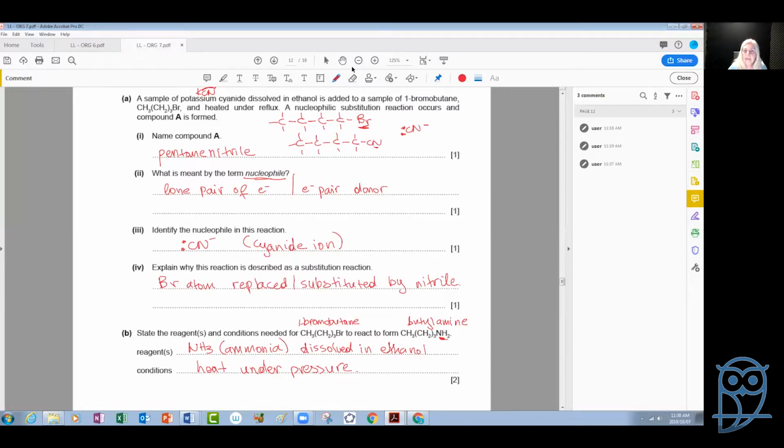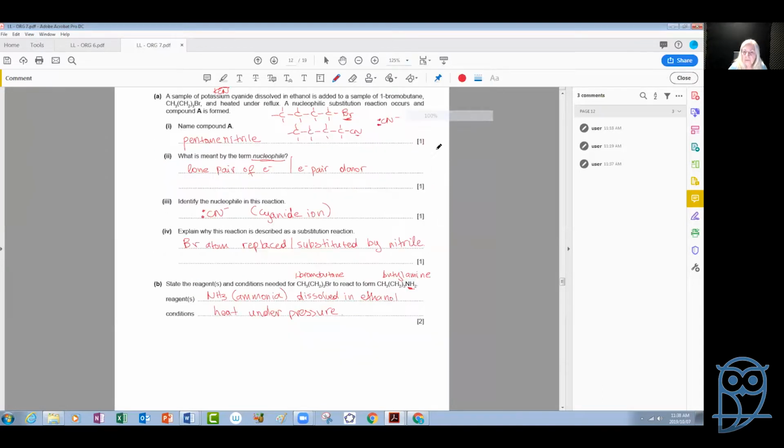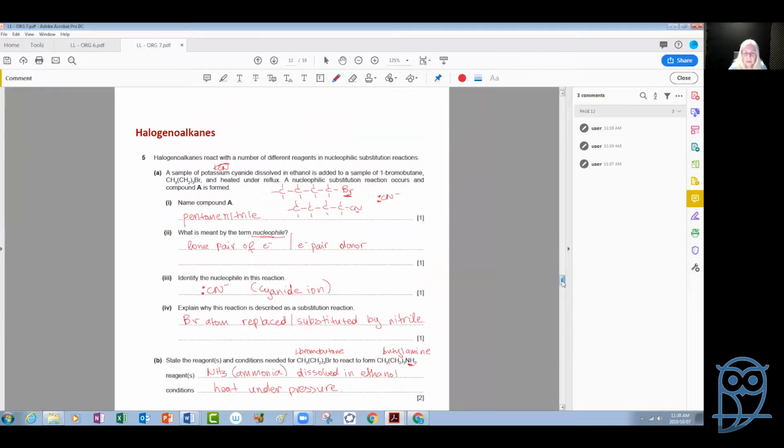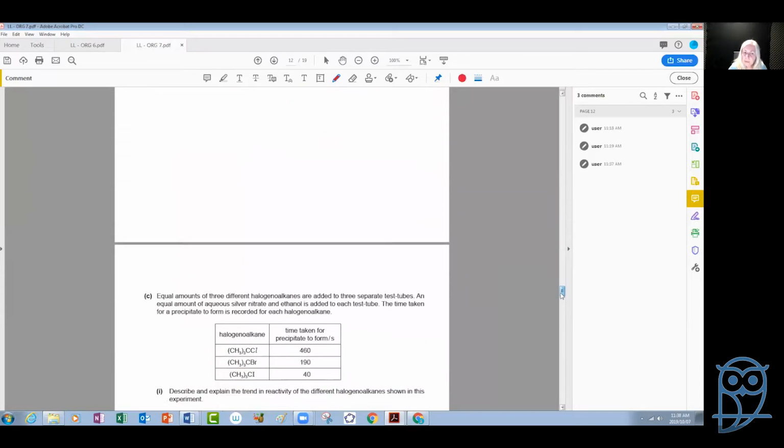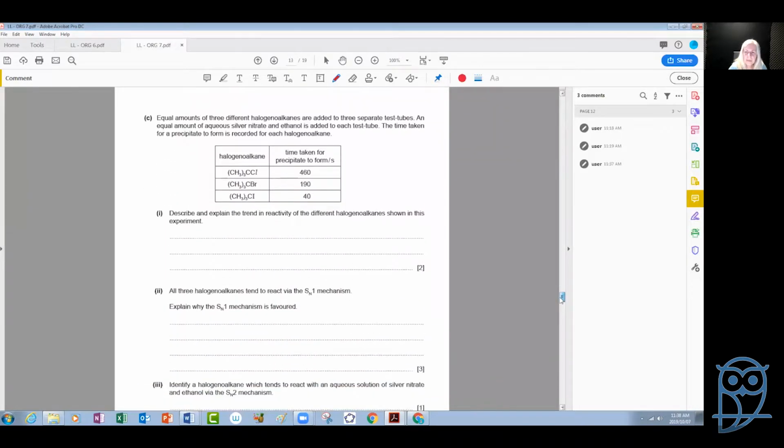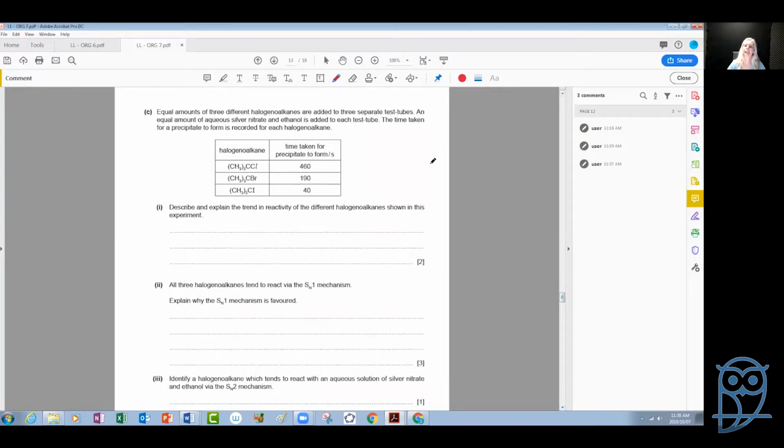So here is the end of the first page from this exam paper, and then it continues again with halogenoalkanes, but in a different setup. Now we have tertiary halogenoalkanes involved in this question.